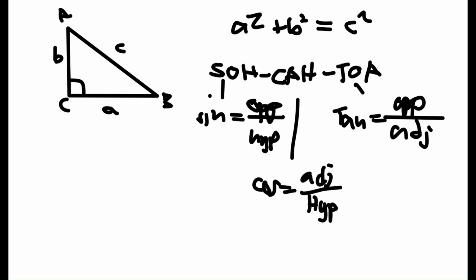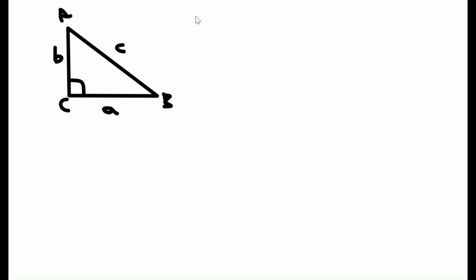So let's move on. Let's say that side A is equal to 5 while side B is equal to 8. And we are looking for side C. This shall be named x instead.